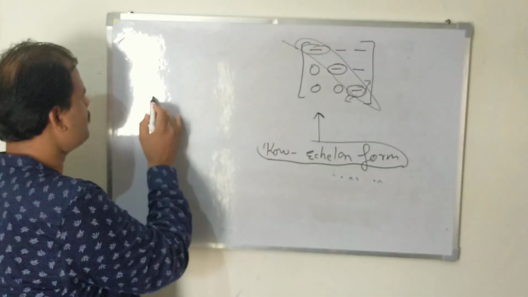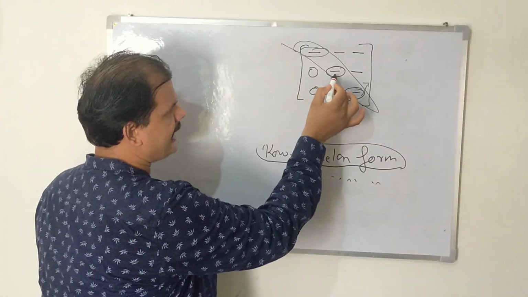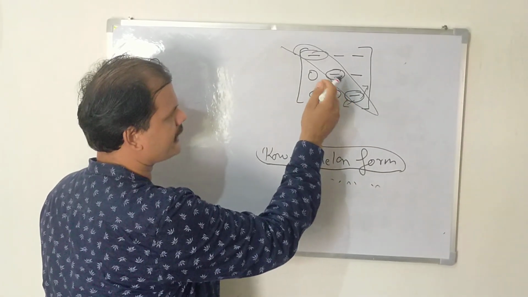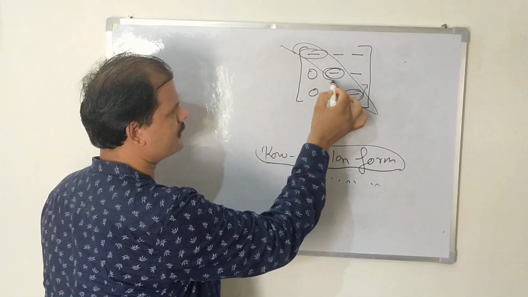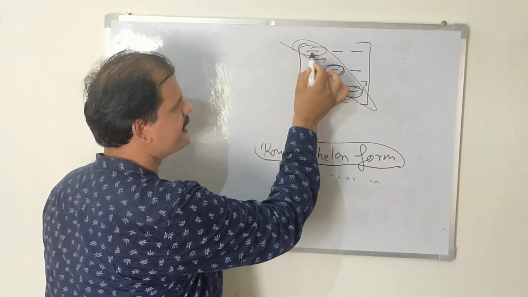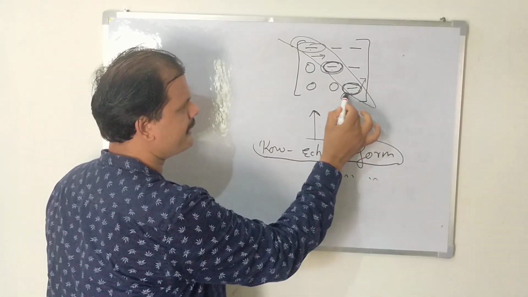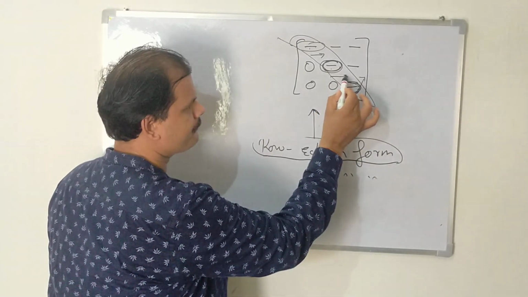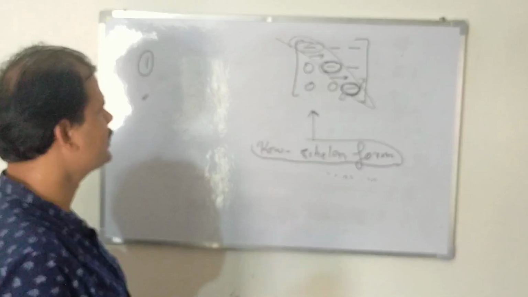And the second property: each leading element is to the right of the leading element of the previous row. If you take this one, this leading element is to the right of the leading element of the previous row. If you see this element, it is also to the right of the leading element of the previous row. So this is the property of echelon form.